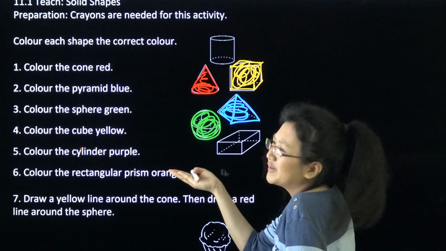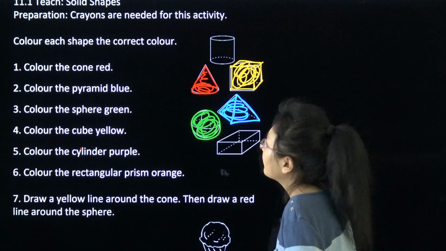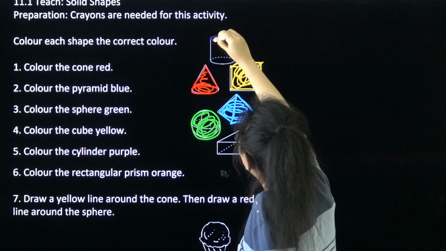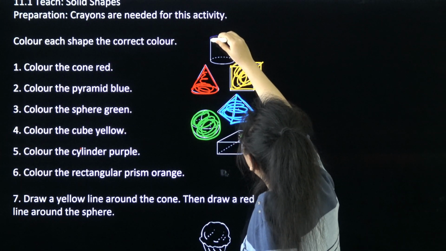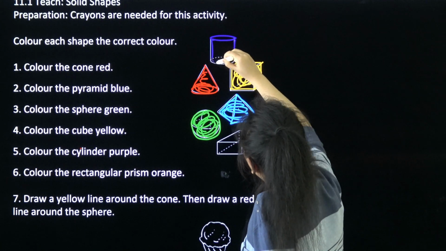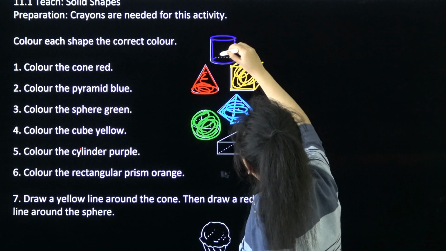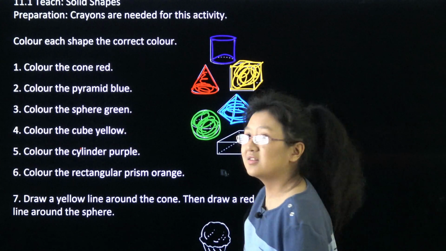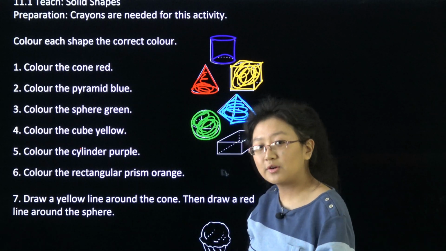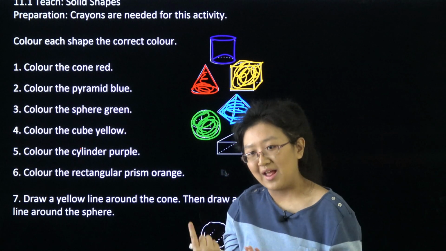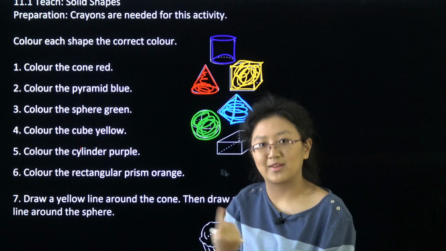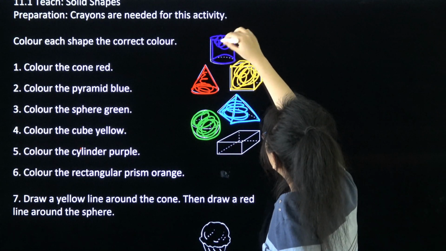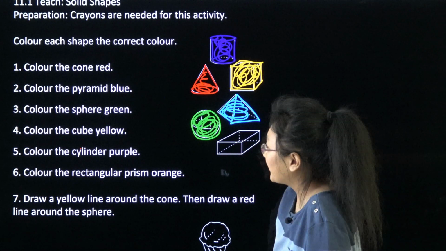So which one of these shapes looks like that? That one. So a cylinder has a circle at the bottom and a circle at the top. And then the other bit of the cylinder is curved. So now let's color this one purple because the question asks us to.